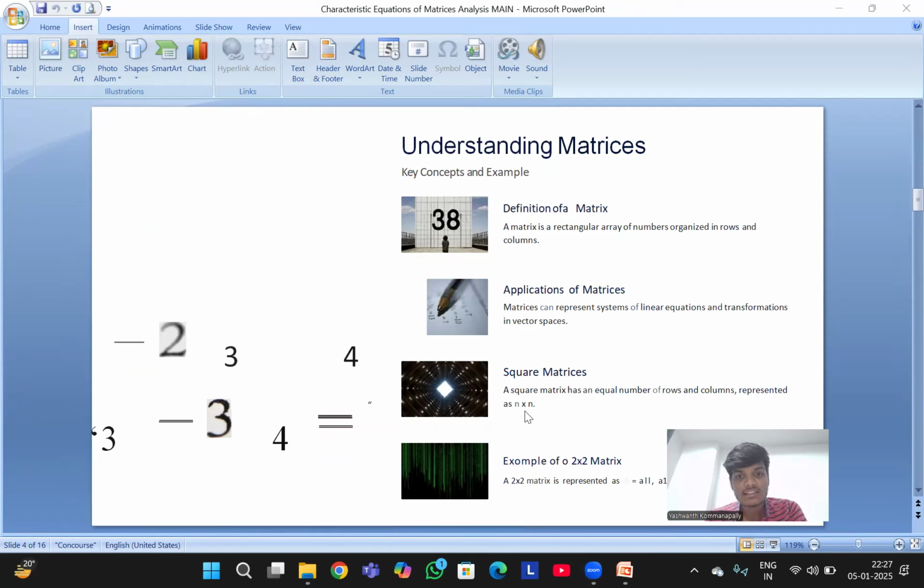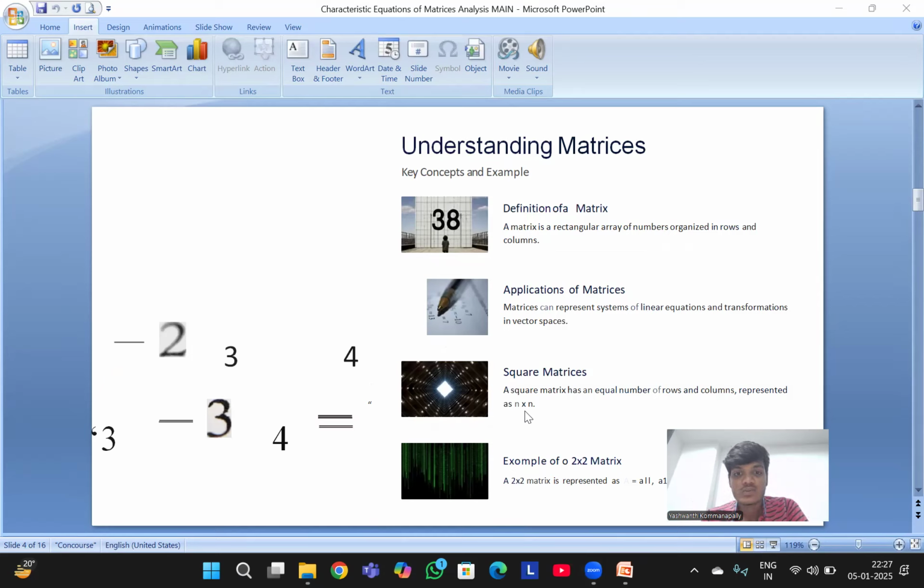Understanding matrices: key concepts and examples. First, the definition of a matrix, which we have already learned. A matrix is a rectangular array of numbers organized in rows and columns. Applications of matrices: a matrix can represent systems of linear equations and transformations in vector spaces.